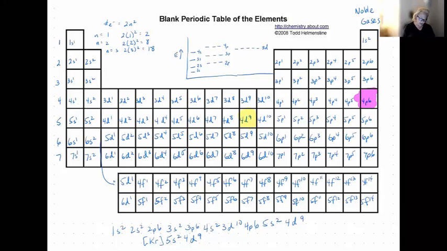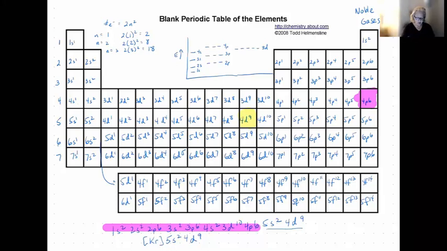Because what krypton does, let me just highlight this in pink as well. Krypton covers the electron configuration all the way up to 4p6. So all of this up to 4p6 is the electron configuration of krypton. And then we just add onto that the electron configuration from that point all the way up to silver. So that's how you do electron configuration and shorthand electron configuration using the periodic table.